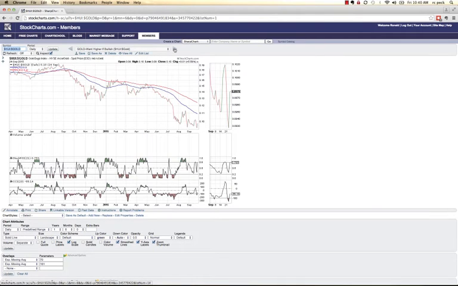I do want to go to this one. This is comparing the gold bug index to gold. So if gold was in a bullish move and moving higher, you would want to see this price chart moving up, meaning you want to start seeing the precious metal mining stocks moving up higher and faster than gold.